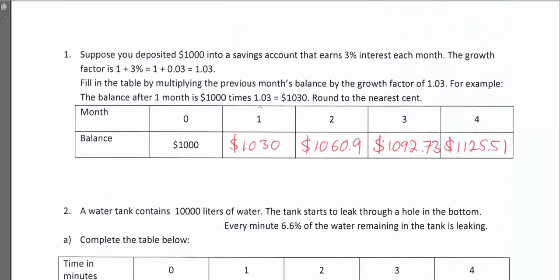So basically now we looked at one example where it's increasing, and we know that this factor is going to be greater than 1, because when we multiply something with a number that is greater than 1, it's going to increase.